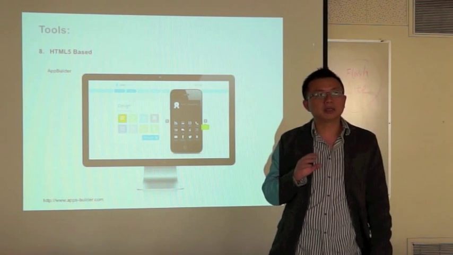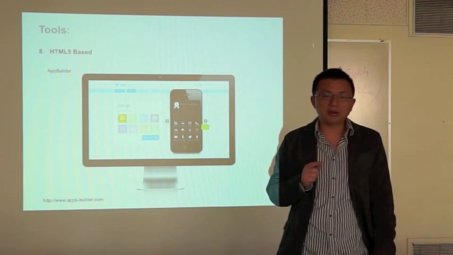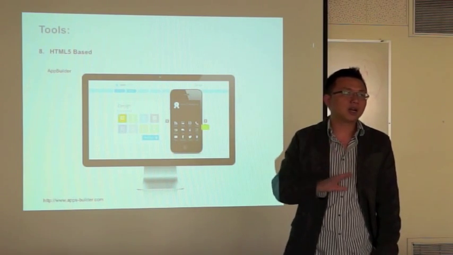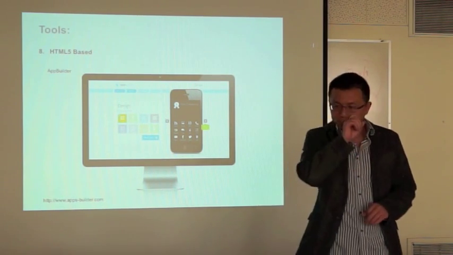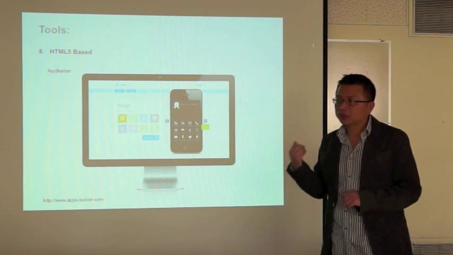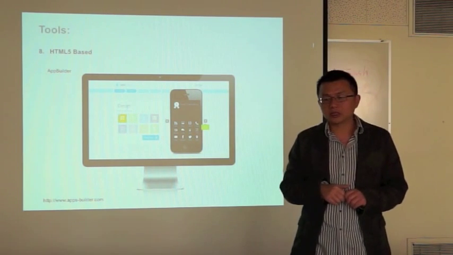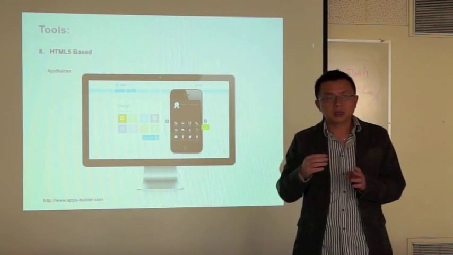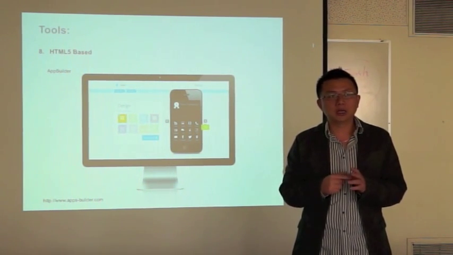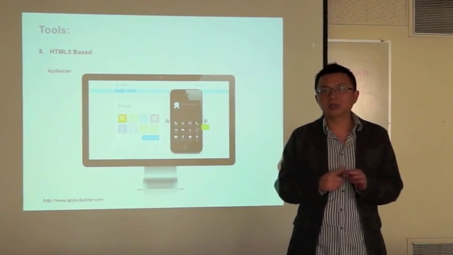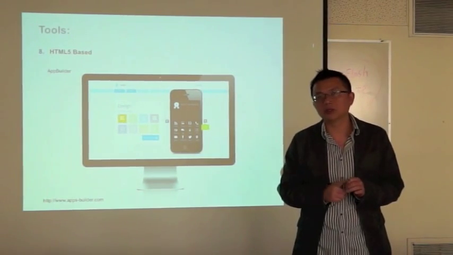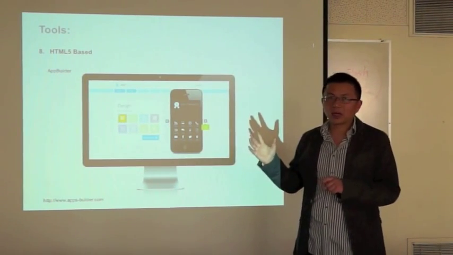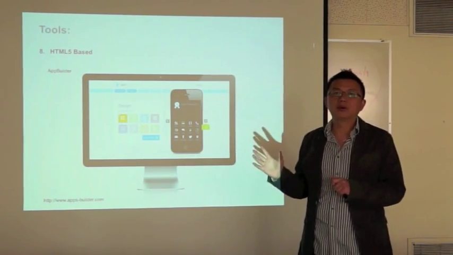So that's the bad part of it. But HTML5 already can generate many interactions, many cool effects. And it's very simple. You can just generate here once, and then automatically you have your app on different platforms, iOS, Android, Windows Phone. They all support HTML5. So these kinds of tools actually can help you to generate your app already.